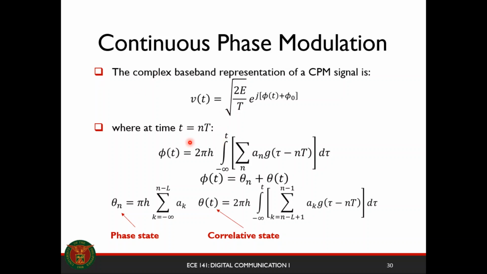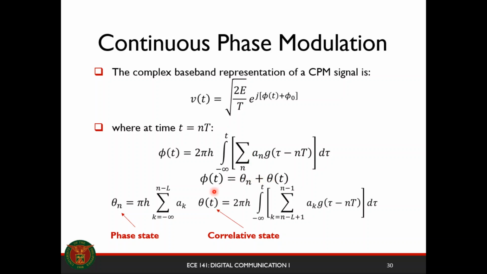At a time t equal to nT, the phase of your CPM signal is equal to this, which is an integral of your pulse that has a length L. So L denotes the memory that is present in your CPM signal. And basically that is just equal to some theta n plus theta of t.